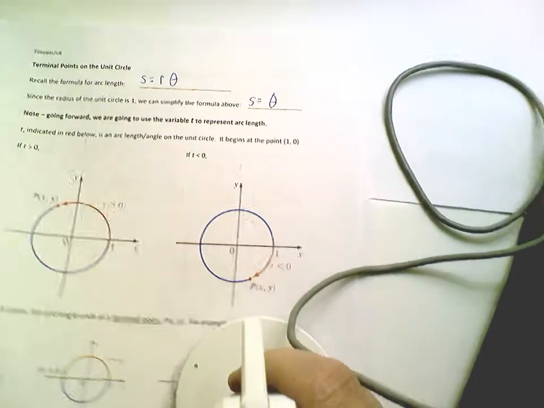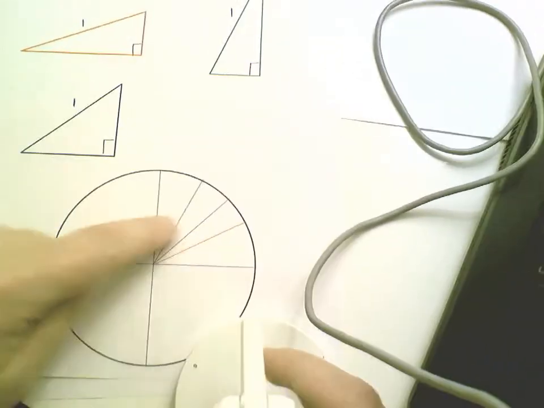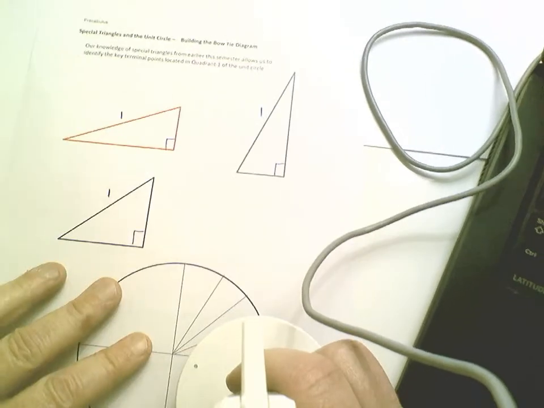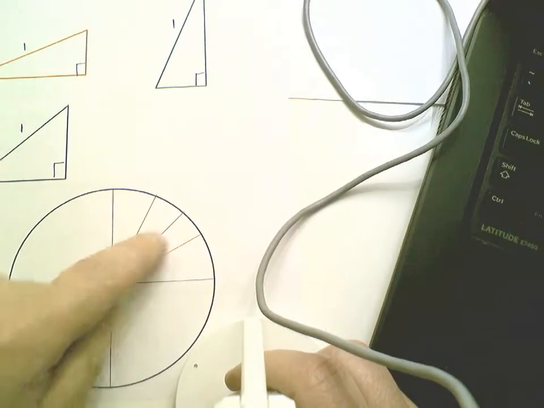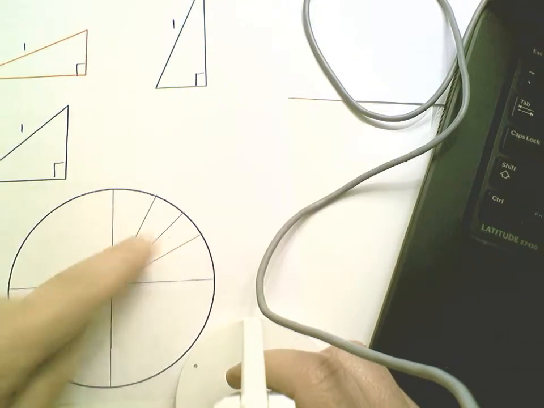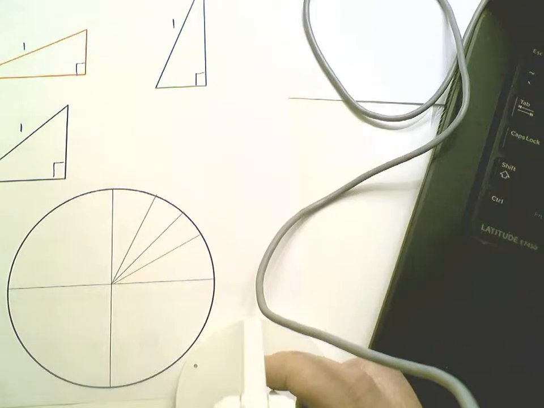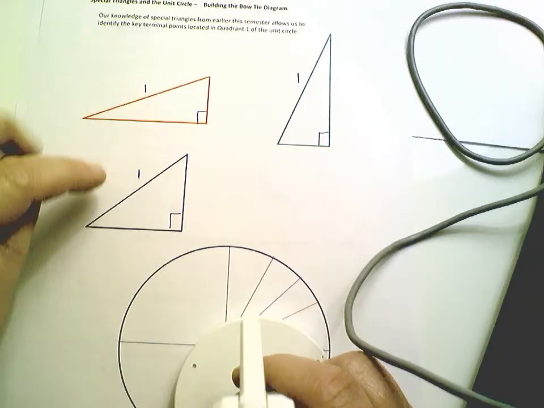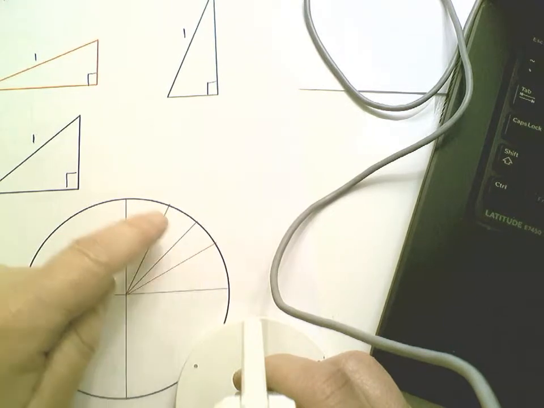There's one last piece for us to cover. We're going to get to the stage where we're going to build a bunch of terminal points on the unit circle. And to start, I've taken these little pieces right here. These are 3 different hypotenuses, all of radius 1. This big thing is a unit circle. And you'll notice they're in red, blue, and green to match the red, blue, and green that you see here.